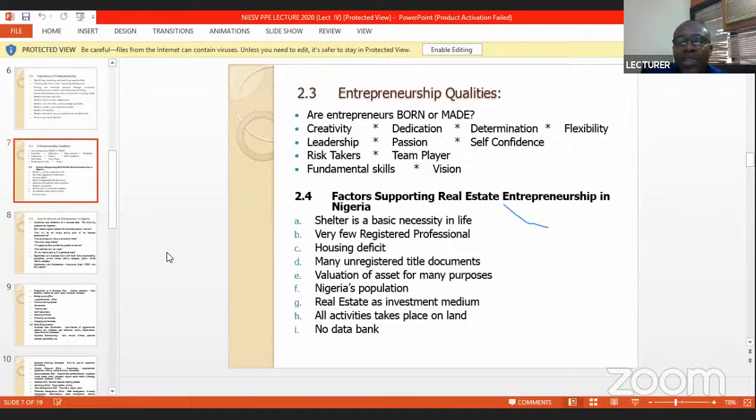You must not be gambling up and down, go right, go left, go backwards, go front. No, you must know exactly what you want, have a vision, and pursue that vision. So it's important that an entrepreneur should develop.